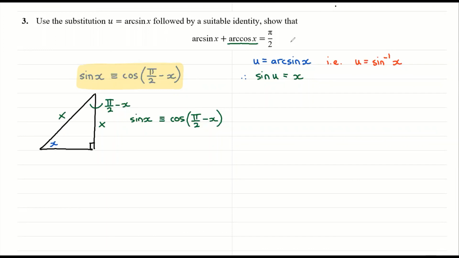Now, we know that sine u equals x, so I can write this identity in terms of u. So using the identity, I can say that sine of u must be exactly the same as the cosine of pi over 2 subtract u.